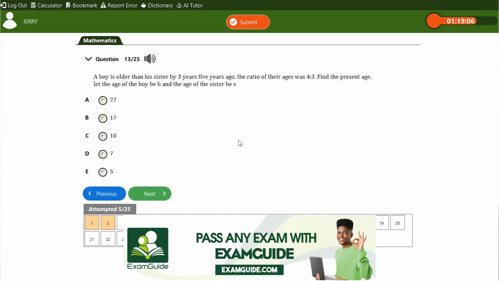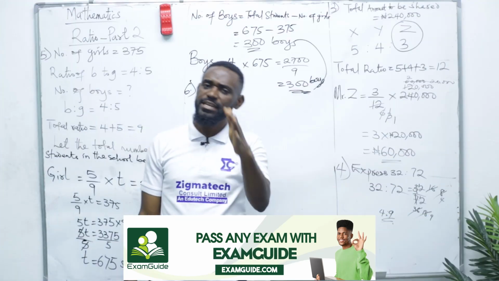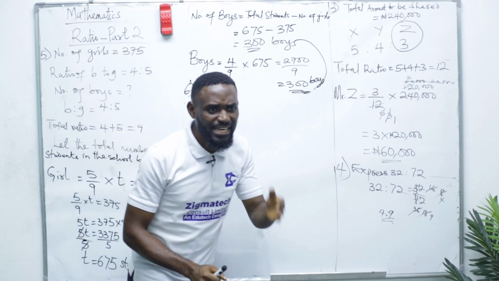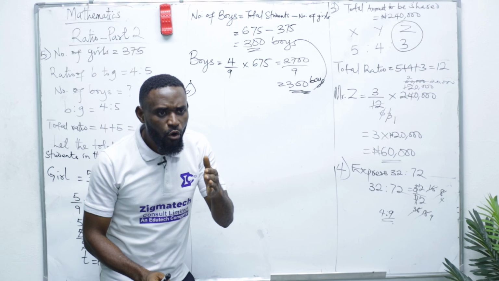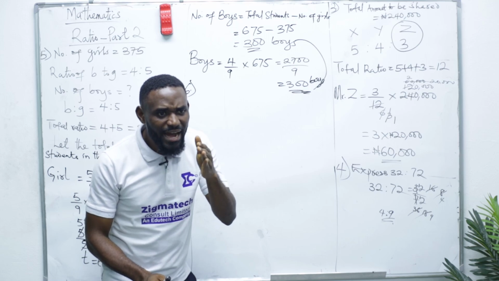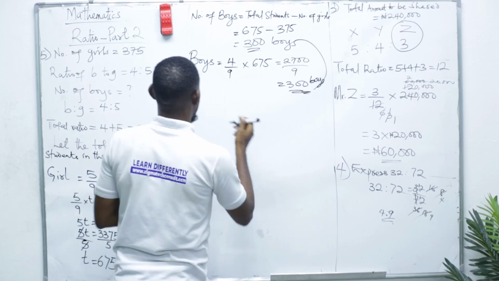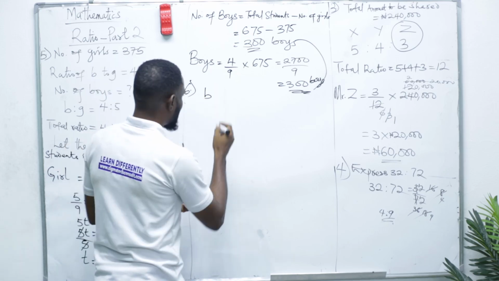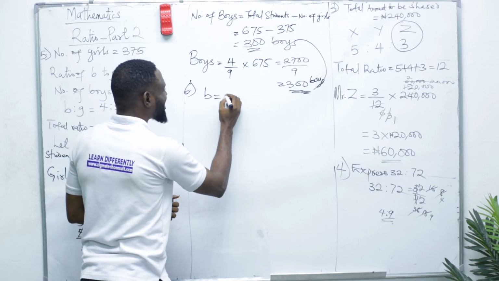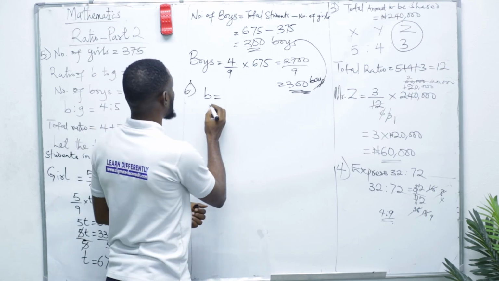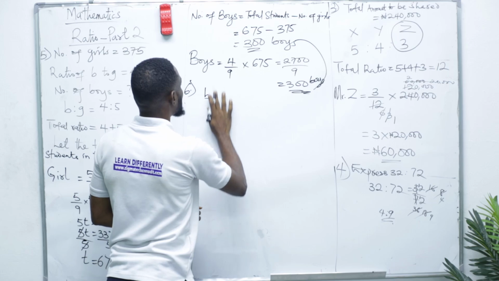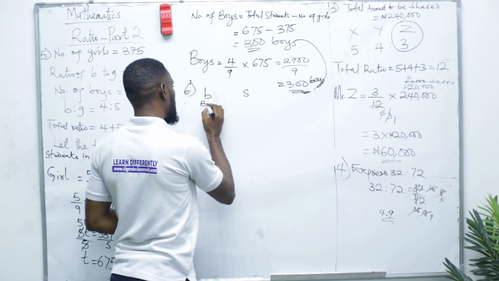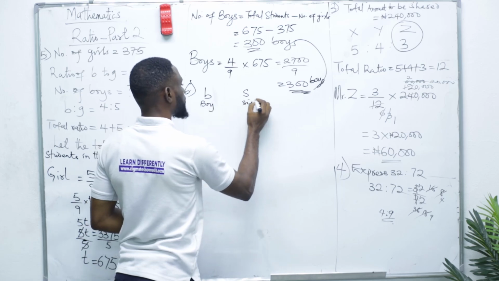So let's put those things in the question in mathematical form, okay? The first thing there is that a boy is older than his sister by 3 years. Let the age of the boy be B and the age of the girl be S. This is the boy and this is the sister.